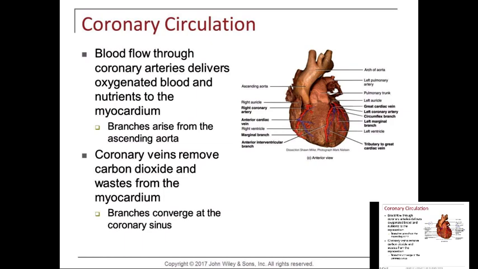So there's a right coronary artery and a left coronary artery. Both of them come off of the ascending aorta, and it's going to bring blood to the myocardium of the heart.